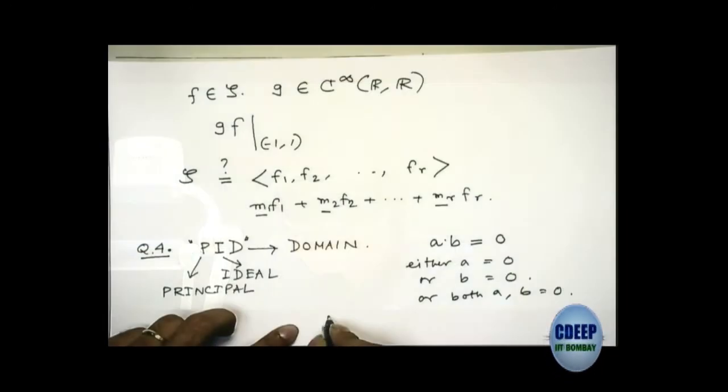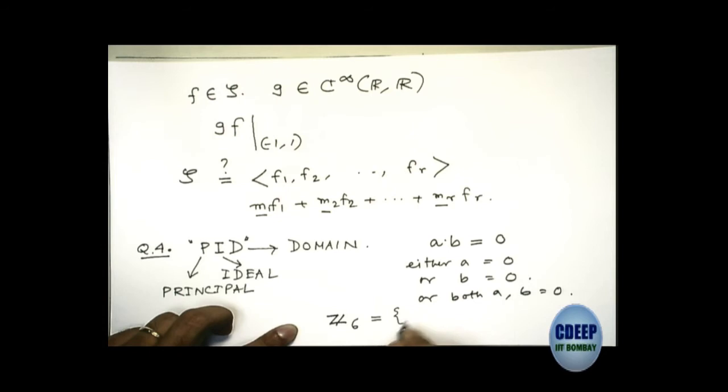Have we seen integral domains before? Yes, we have indeed. The set of integers is an integral domain. You multiply two non-zero integers, you always get a non-zero integer. You don't get 0. For polynomials also it is true. But there are certain cases where you can multiply non-zero numbers and still get 0. Those of you who have seen modulo operations, let's say Z6.